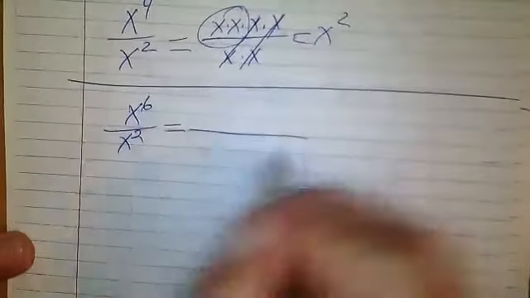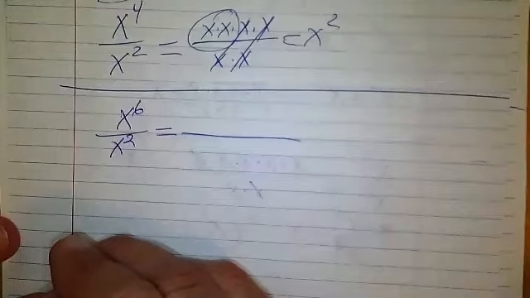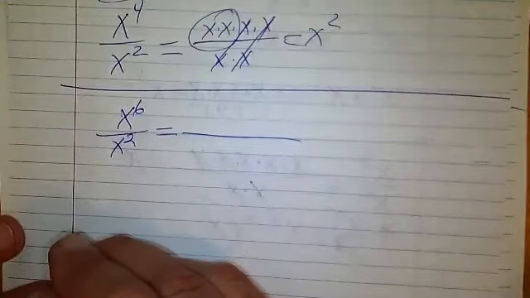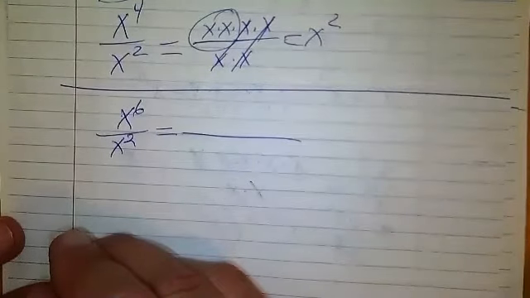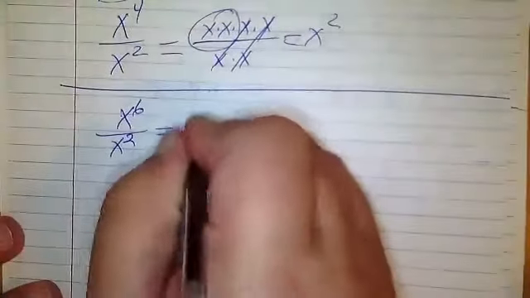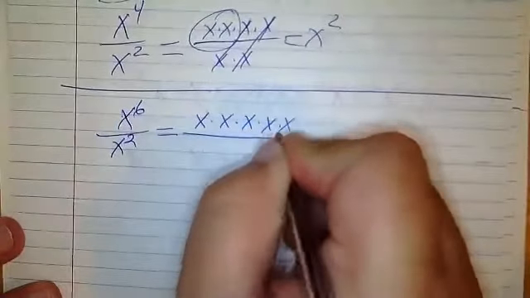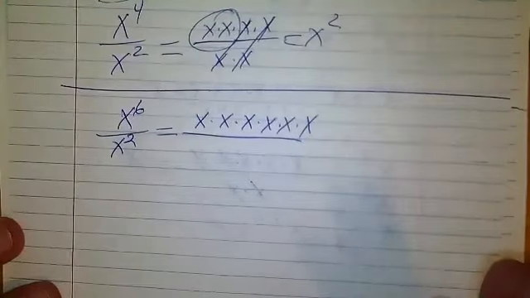What does x to the 6th actually mean? Right, David. Good job, Lily. Nice job, Zeke. So this is x times x times x times x times x times x, right? Isn't that what x to the 6th means?